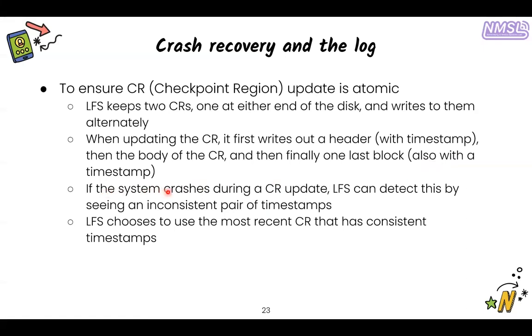Now, let's say the system crashed during this update. LFS can detect this by seeing an inconsistent pair of timestamps. Okay, so at least you detect that it crashed. Then it will choose the most recent CR that has consistent timestamps. Basically, you revert: that was the one that's actually correct, so you go back there and then you resume.